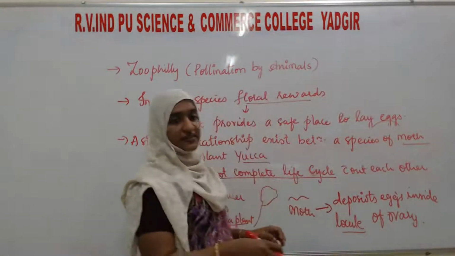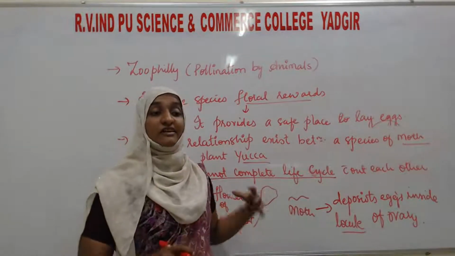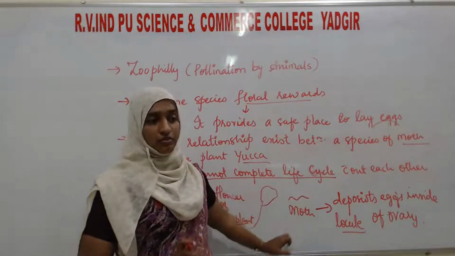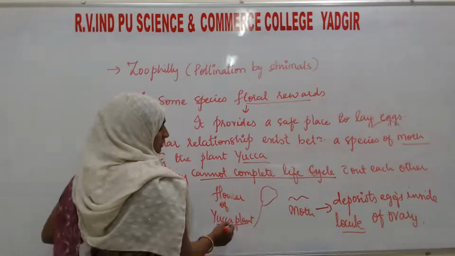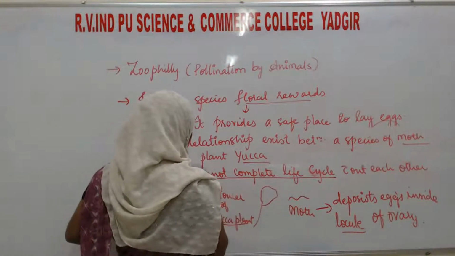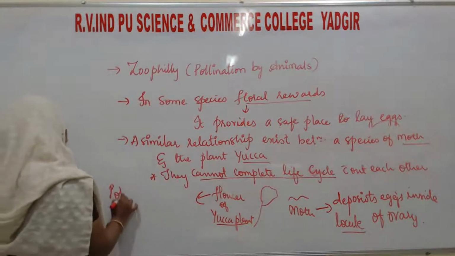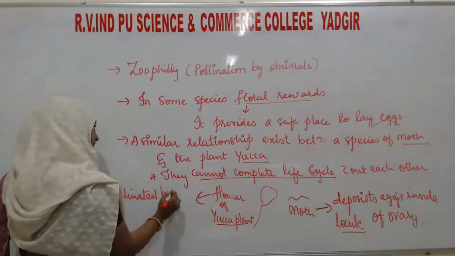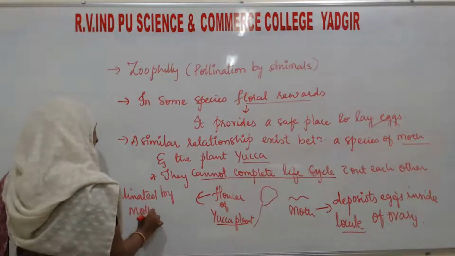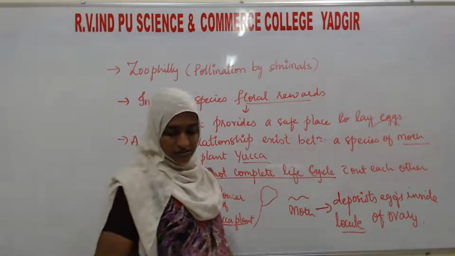So for laying the eggs, the locule is the safest place for whom? For the moth. In return, the flower of the yucca plant is pollinated by moth. In this way they are dependent on each other.